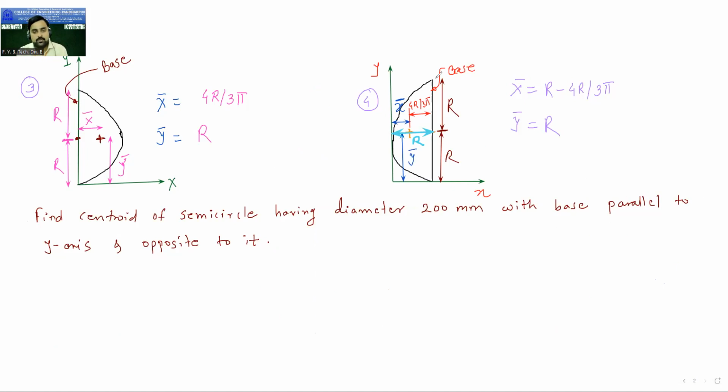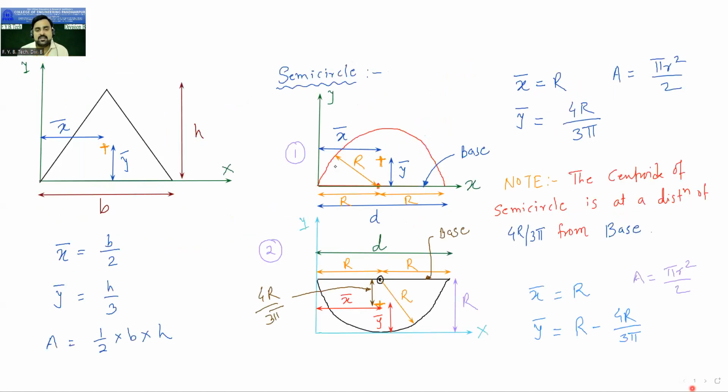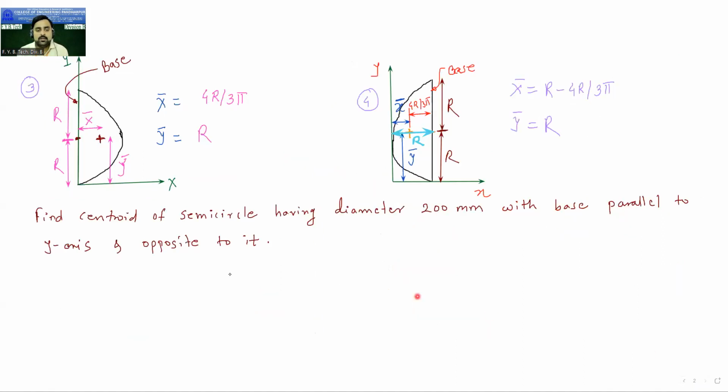Case 4. Okay, correct. What is said in the numerical is that the base is parallel to y-axis. So the first 2 cases are eliminated, because in the first 2 cases the base is parallel to x-axis. So the answer will be in case number 3 or case number 4.